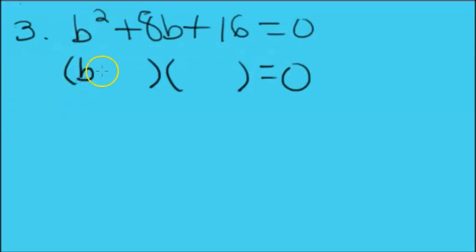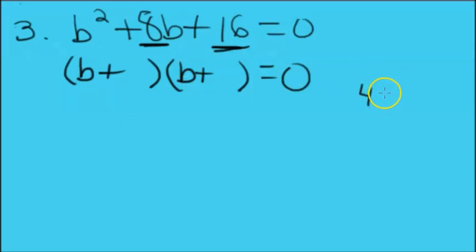So we have b for both sides of the parentheses to make it b squared. Both our signs are positive, so both signs are going to be positive in our parentheses. Now we have to find something that is multiplied to 16 and added up to 8. So we have to find those factors.